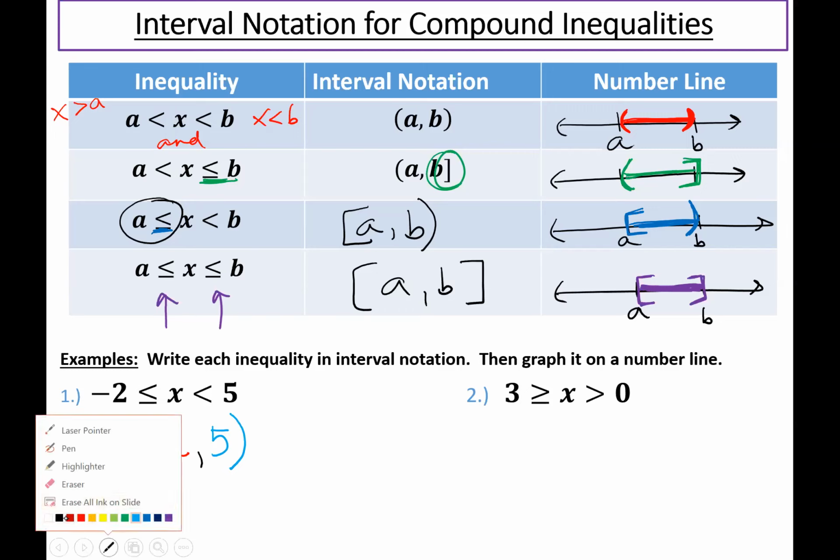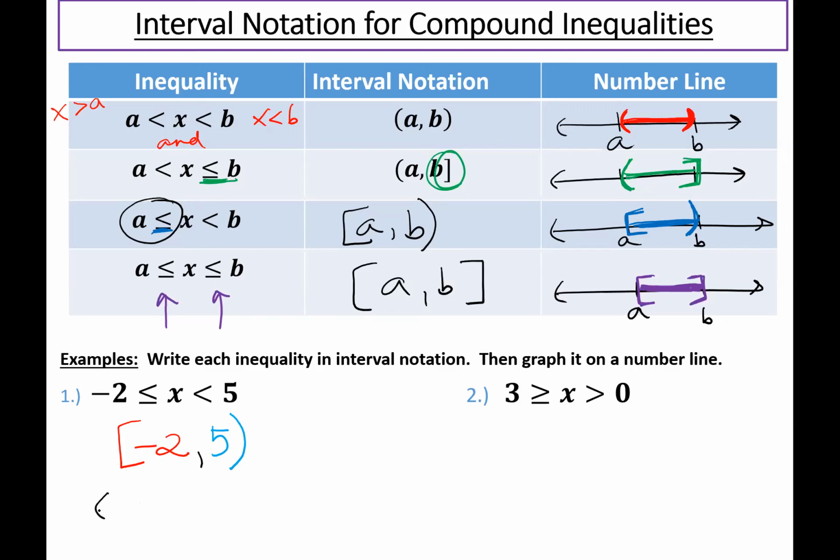Let's sketch it on a number line now. So let's see. -4, -3, -2, -1, 0, 1, 2, 3, 4, and 5. Okay. It's important to be able to draw your own number lines, but the reality is in MyLabs Plus, they're already drawn for you.